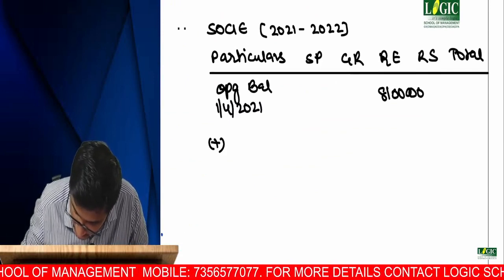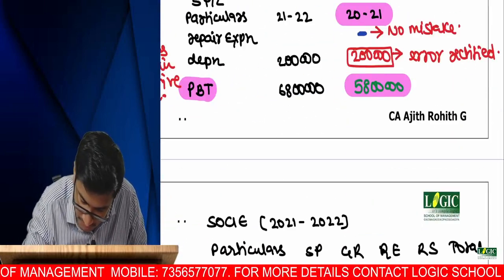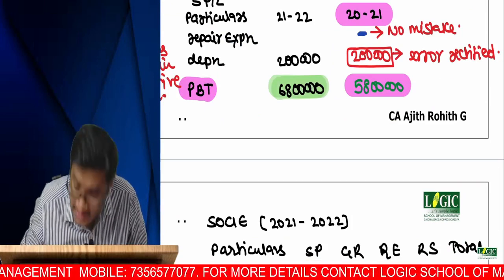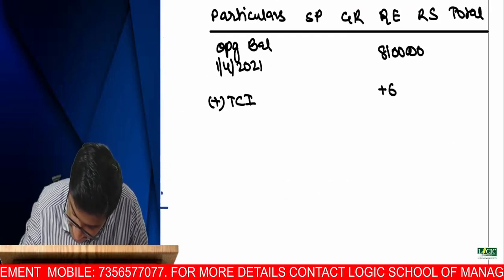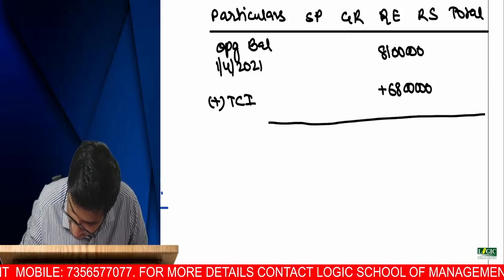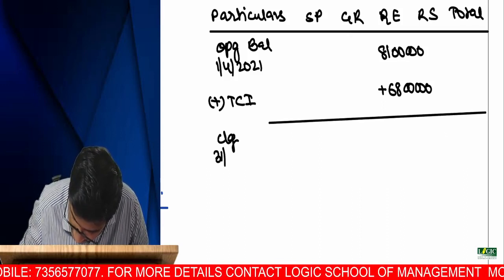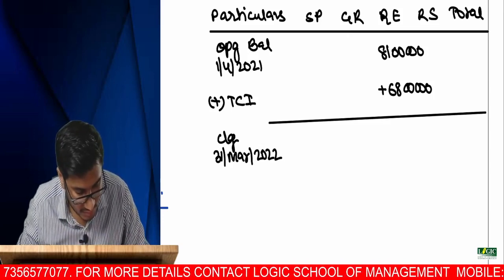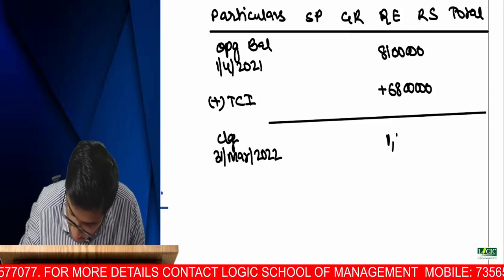And you have to add what? Total comprehensive income. Let's see what the total comprehensive income is. 68 lakh. I'll be adding total comprehensive income of 68 lakh. And what will be my closing balance? Closing on 31st March 2022. How much? 1 crore 49.